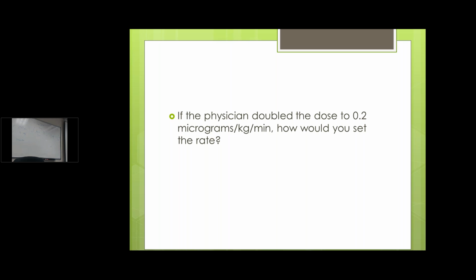But it's now in our protocols to give it as a drip rate, and it's given as a drip rate per hour. So if I tell you I want to get 15 milligrams of diltiazem per hour, how are you going to set that up?